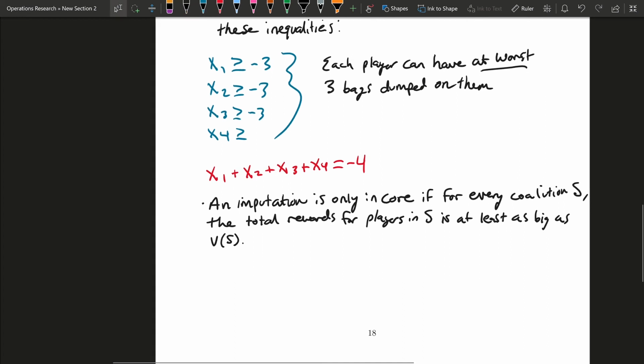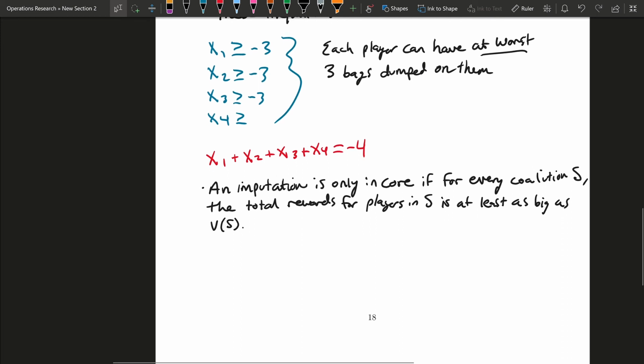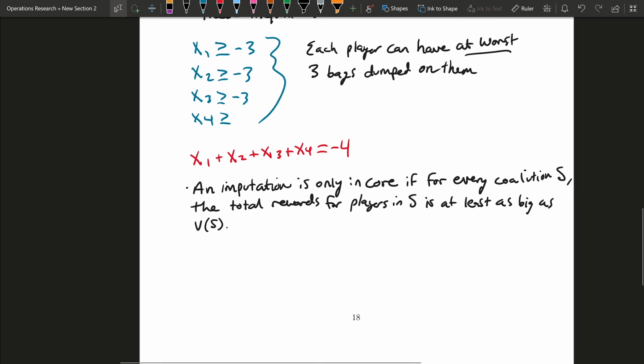So we're kind of looking back to our characteristic function from the previous section. And again, just like we had in that first example and the definition of the core, if something is not satisfying this condition here, then it's not going to be in the core because it's going to be dominated by another option.